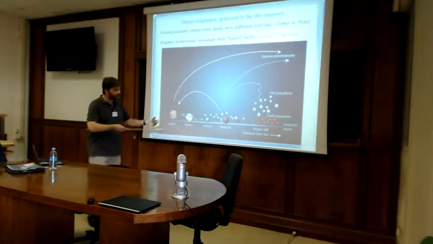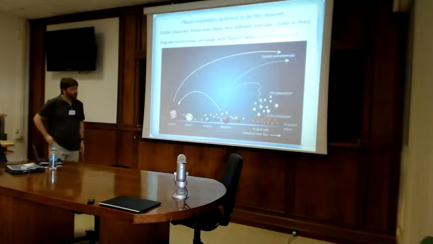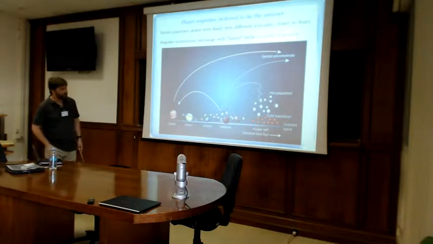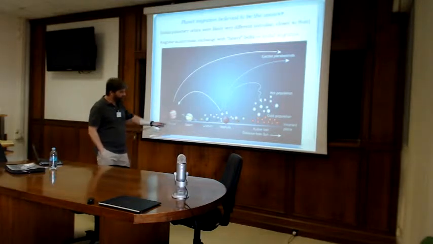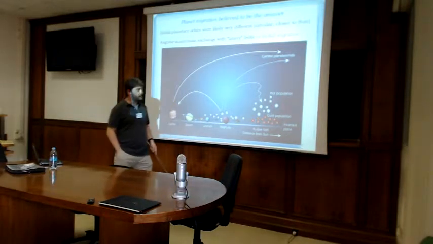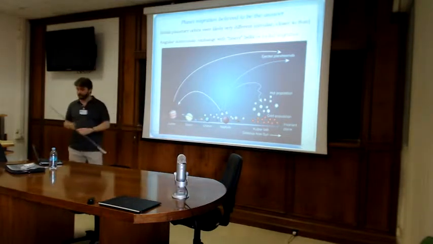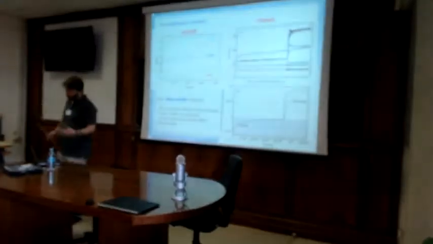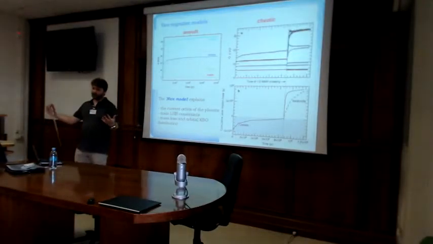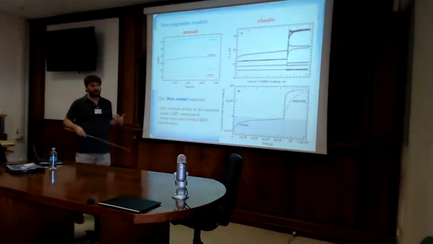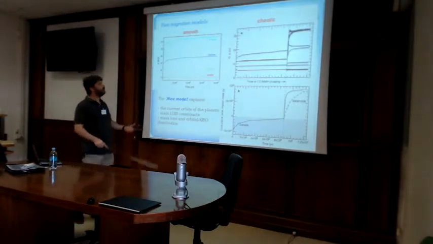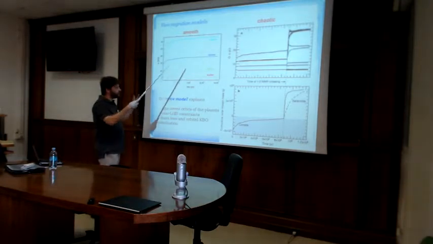This is an old sketch from a Nature review on Rodney Gomes's paper, who first showed that during this epoch, as the planets move around, you can populate some special populations. Now there are, in general, two modes of migration that one can assume. The original, coming from Malhotra's idea, is the so-called smooth migration.